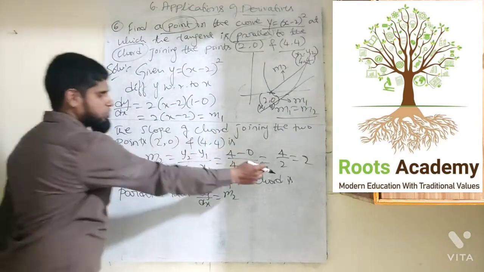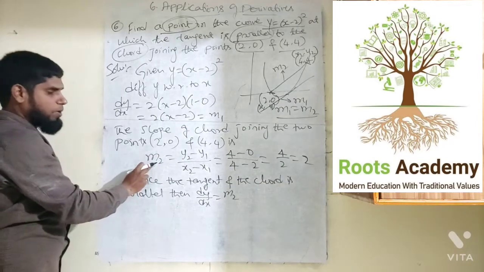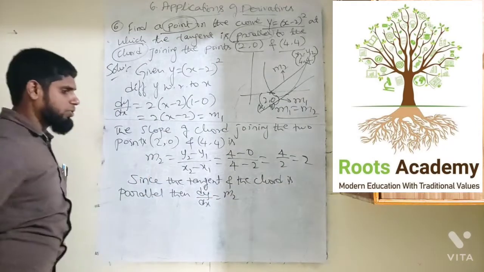That is m1 is equal to m2. m1 is the slope of the tangent, m2 is the slope of the chord. dy by dx is equal to m2.